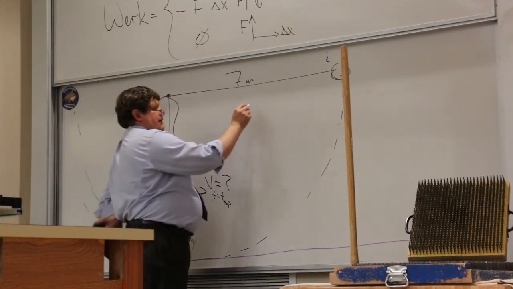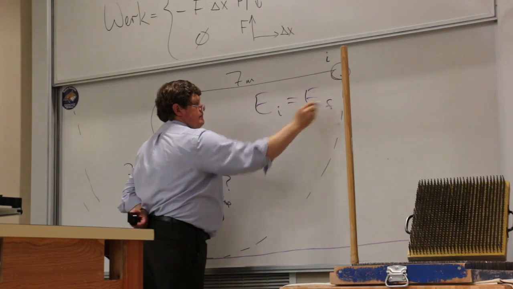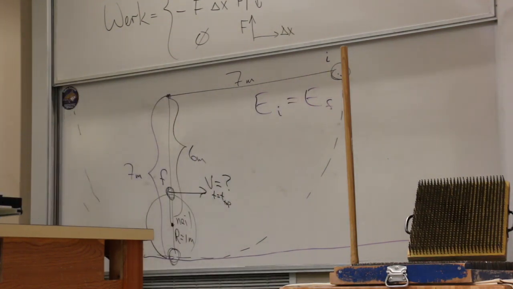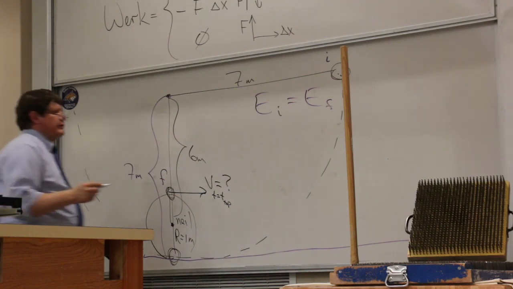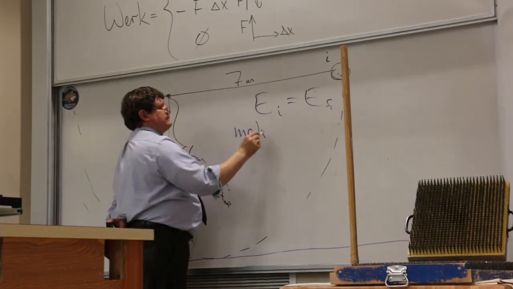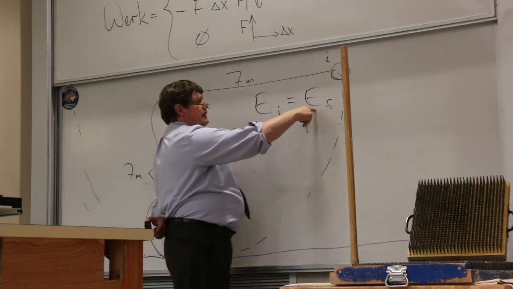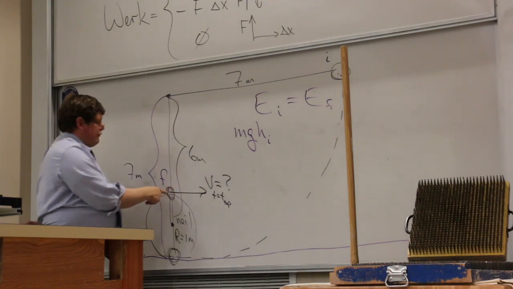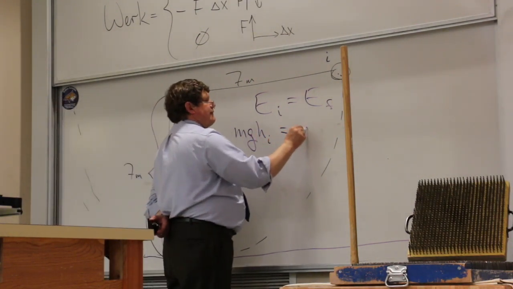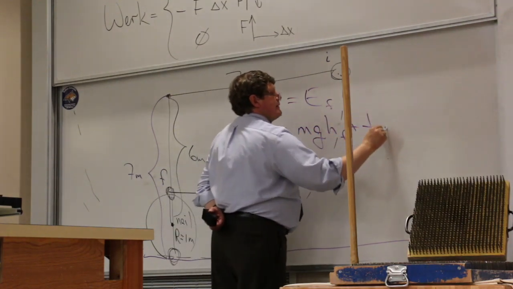Now, if energy is conserved, at this initial event, the ball is not moving, and there's no springs in the problem, so all of the energy is gravitational. At this final event, the ball is moving, and it's also up off the floor, so I would have gravitational plus kinetic.